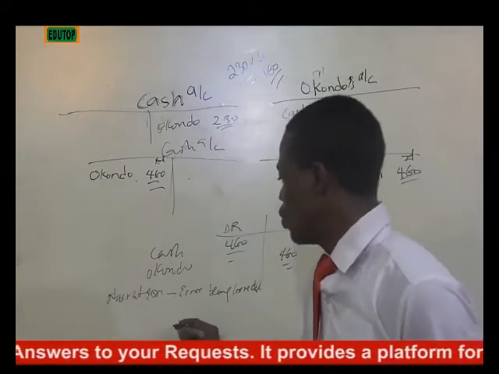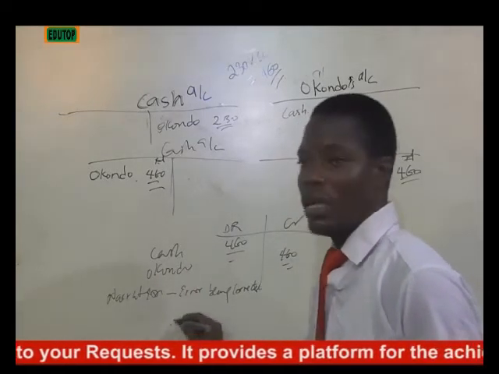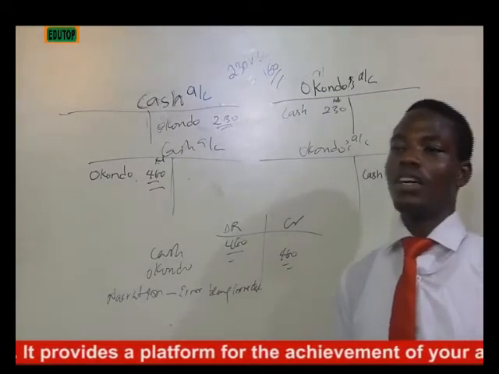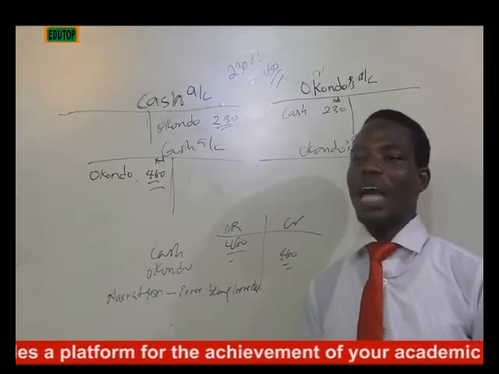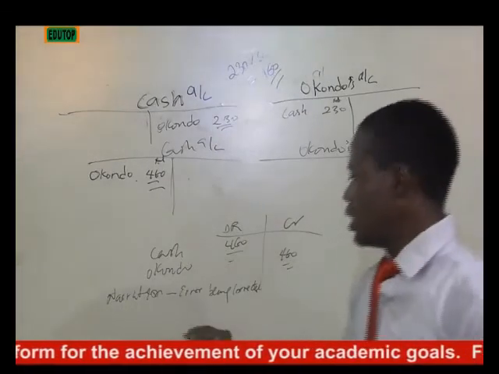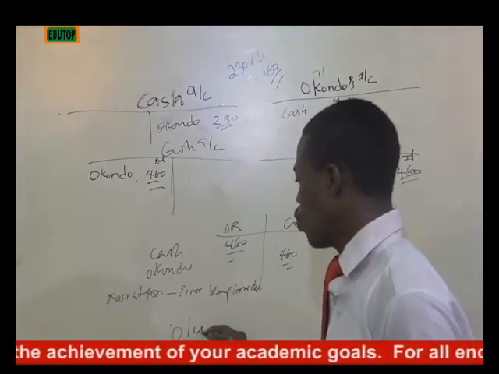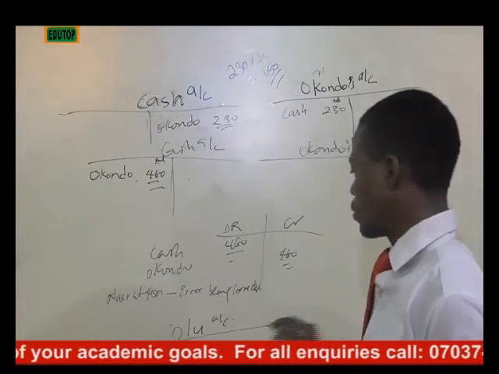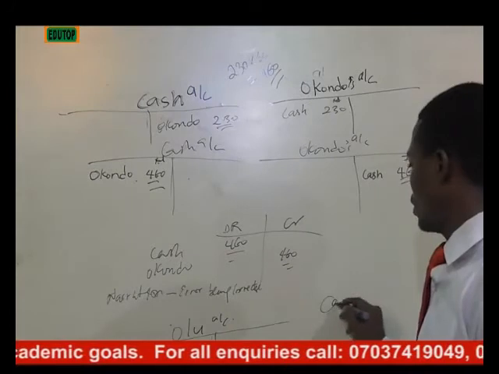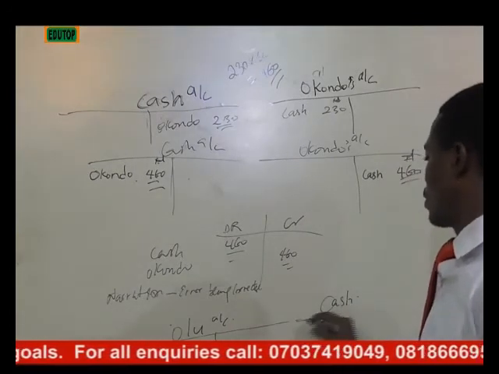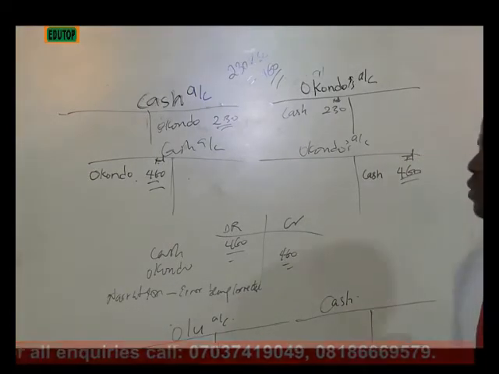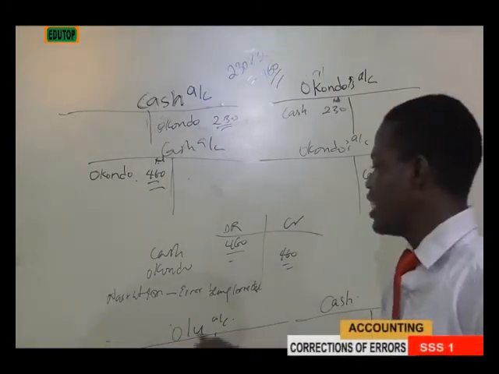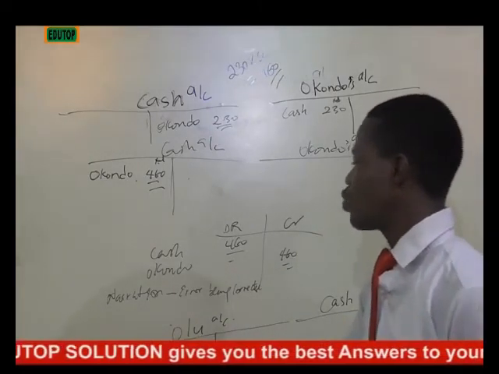Take for example, let's use the illustration here. Payment of cash 300 to Olu has been entered twice in the account book. This is Olu account. This is cash. Do you understand? Now, we are told here that this one is recorded twice.